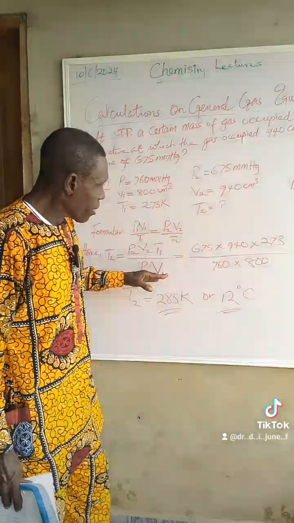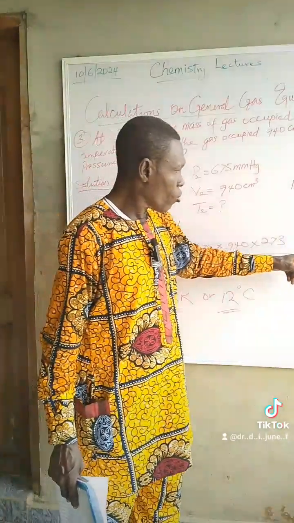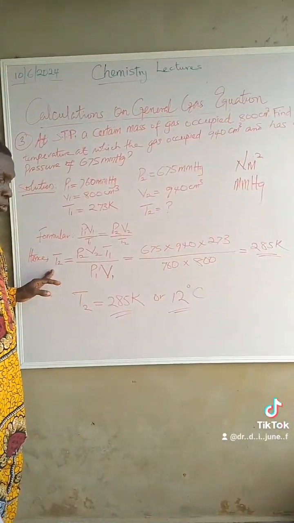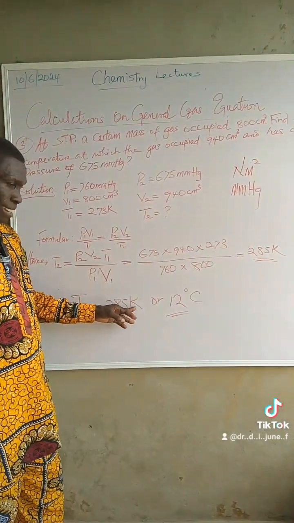If you now work it out mathematically, you arrive at 285 Kelvin. So your final temperature is 285 Kelvin.